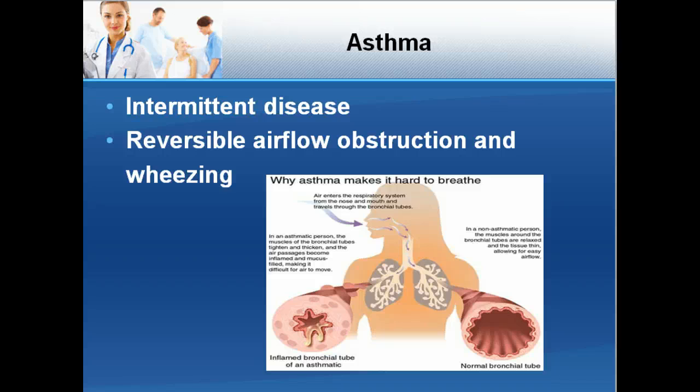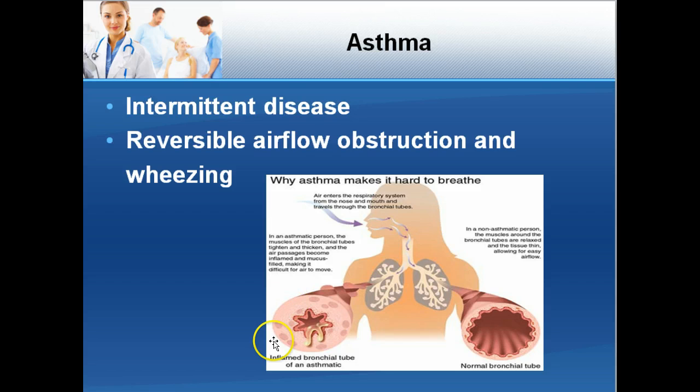In an asthmatic person, the muscles of the bronchial tubules tighten and thicken, and the air passages become inflamed and mucus filled, making it difficult for air to move. But in a non-asthmatic person, the muscles around the bronchial tubules are relaxed and the tissue is thin, which allows for ease of flow.